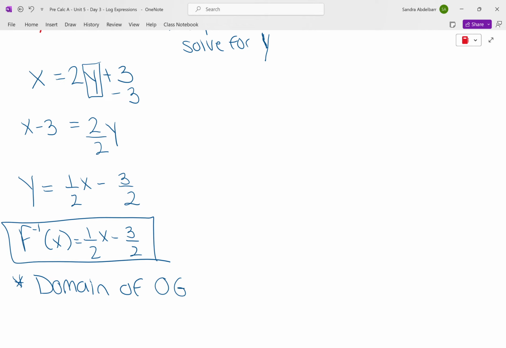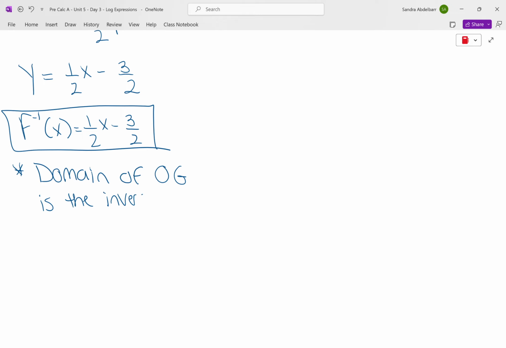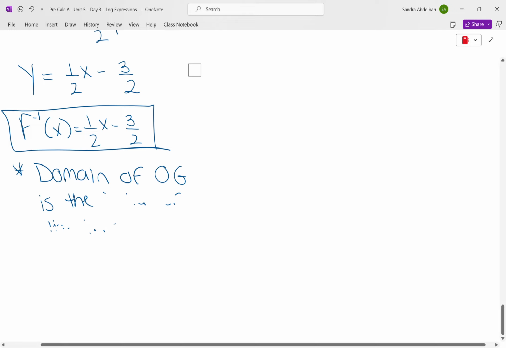And we're going to write domain of OG. Do you guys know what OG stands for? Good. The domain of OG is the, oh, sorry, not the inverse, is the range of the inverse.